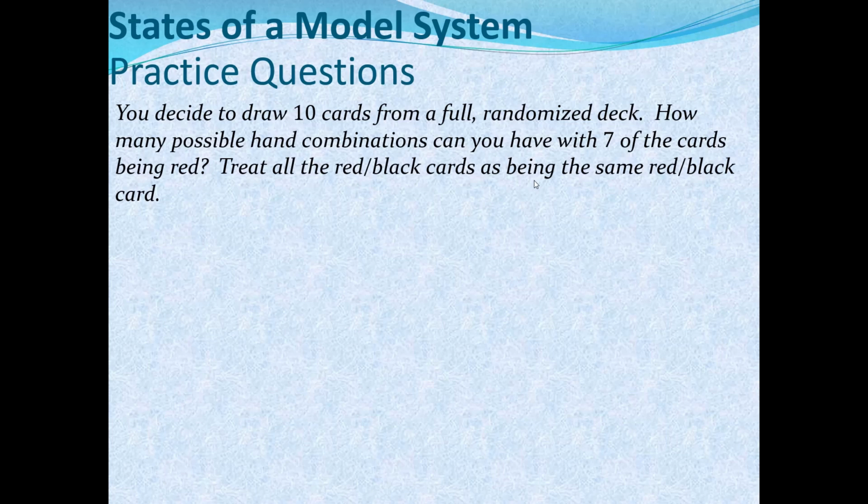We're going to treat all the reds and all the blacks the same, so we're not treating hearts, diamonds, clubs, and spades differently. We want to know how many possible hand combinations we can have with 7 cards being red.